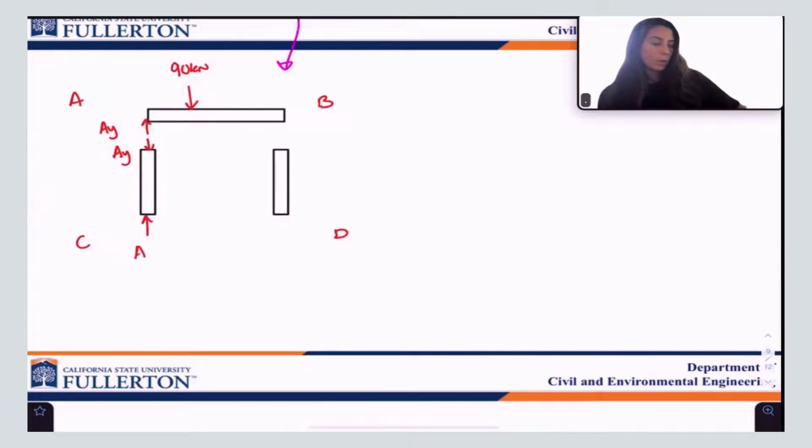So we also have AY acting in this direction, equal and opposite. This is for equilibrium purposes. We can do the same thing here. We would have a BY, equal and opposite, so that this system stays in equilibrium.